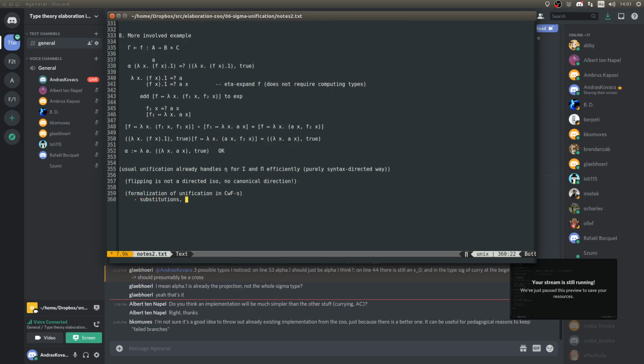So we have substitutions, renamings, embeddings, epi, mono, iso, factorizations, and then we have cospans, I mean cospans in this category of contexts, and pushouts of embeddings.